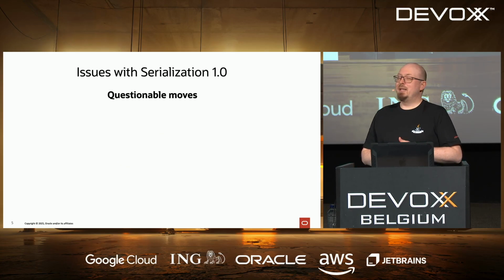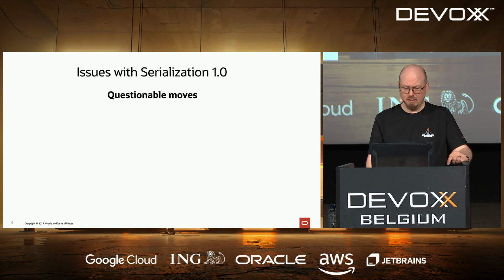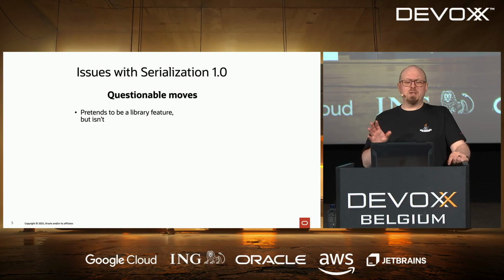So I won't delve too deep into this, but I think it's important to try to keep a bit of a tab on what kind of issues we ran into. So some of the questionable moves were, it sort of pretends to be a library feature, but it isn't, because it isn't implemented in the library.